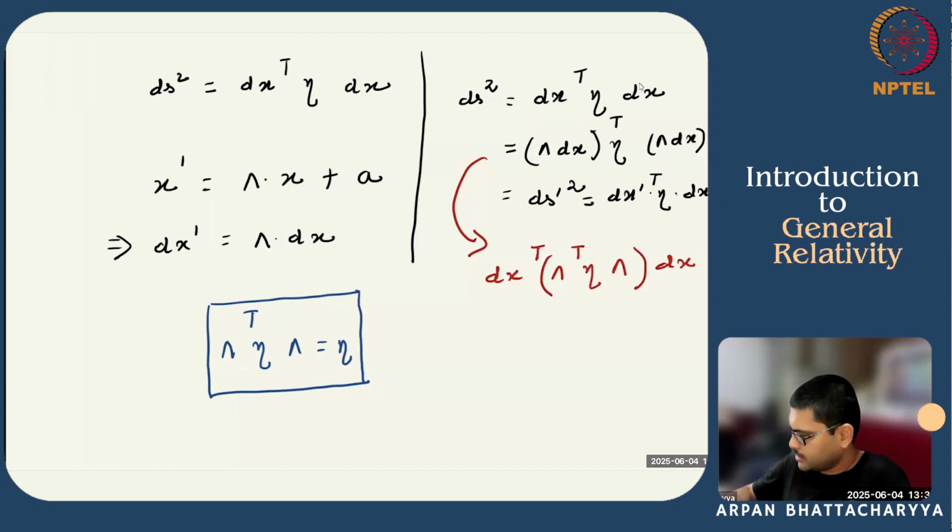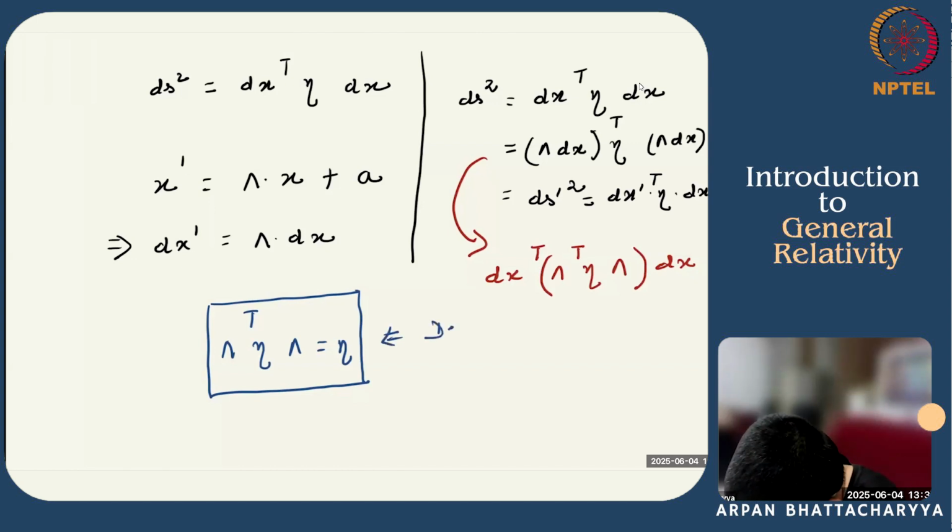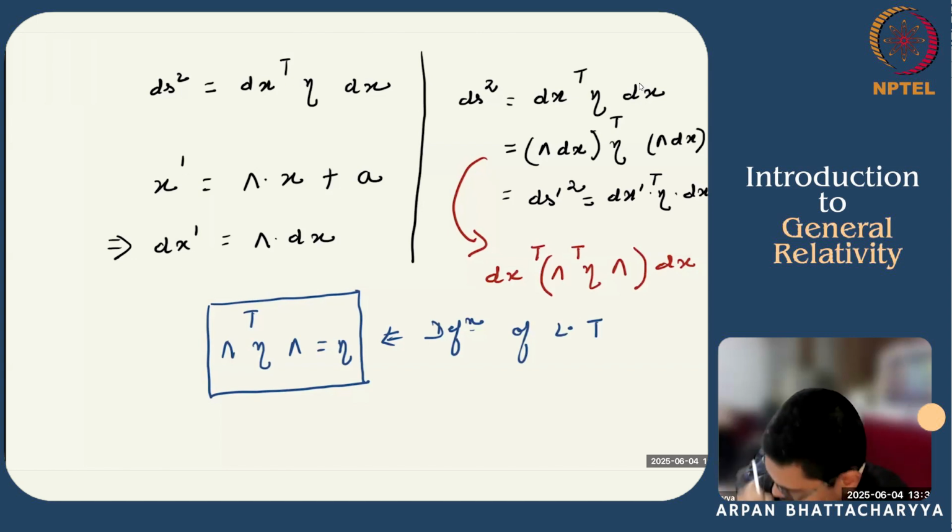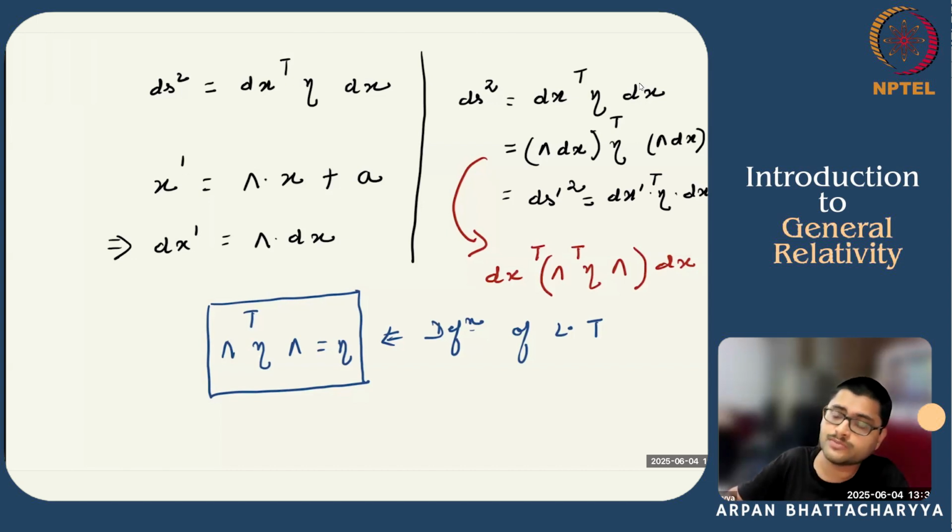And this is the definition of Lorentz transformation. That means Lorentz transformations are those transformations which preserve this metric eta, which is the Minkowski metric.